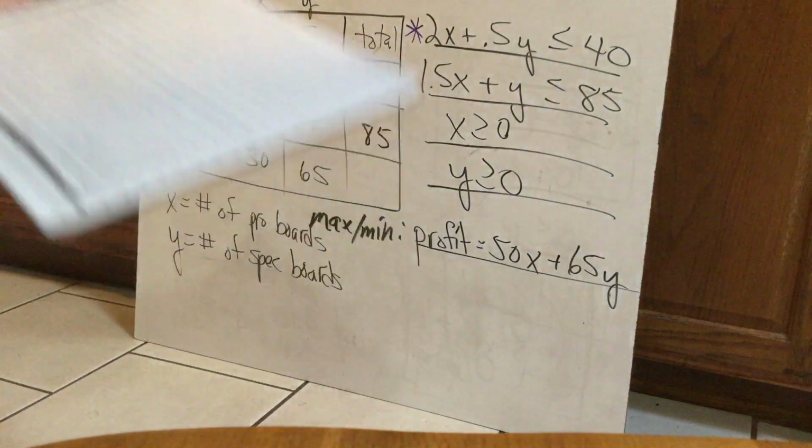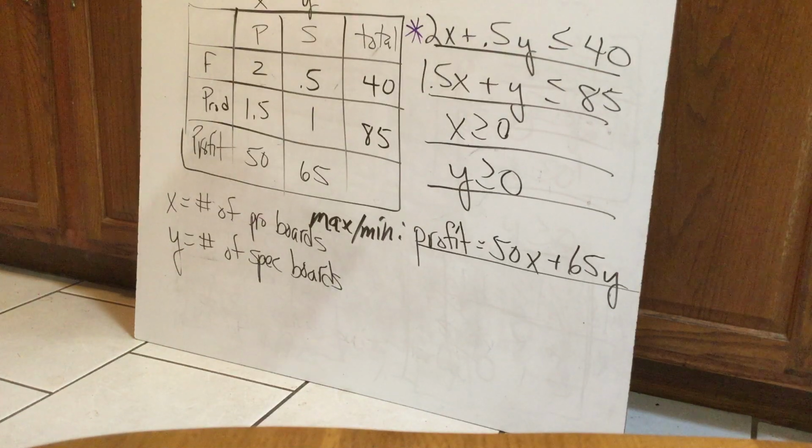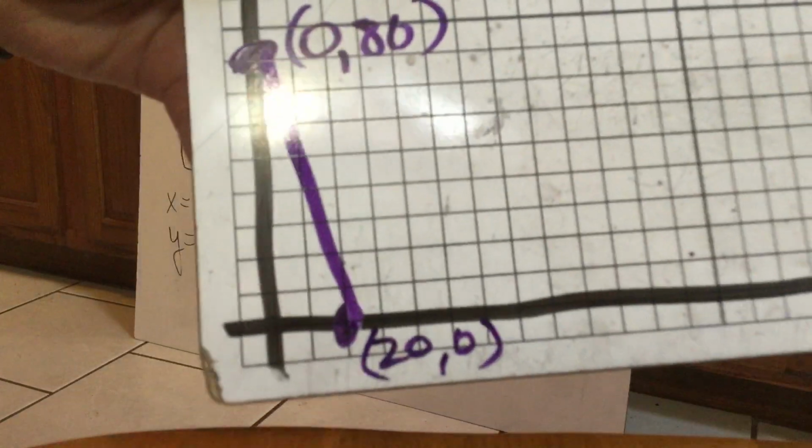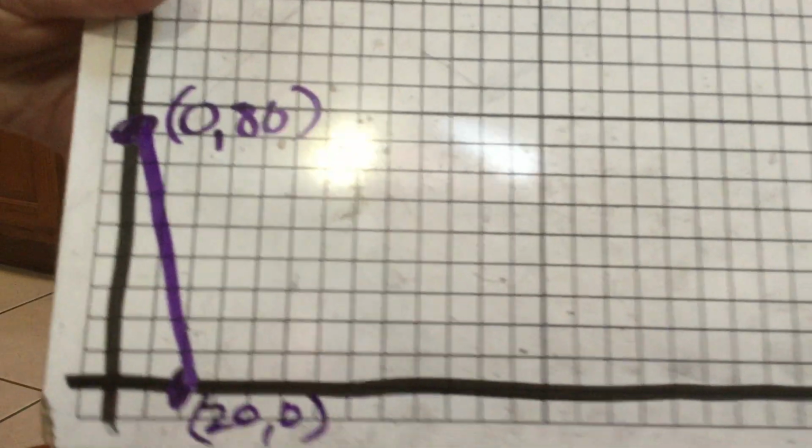So I'm going to plot the point 0, 80. And then I'm going to connect those with a nice little line. So far, this is what I've got. Sorry about that glare.